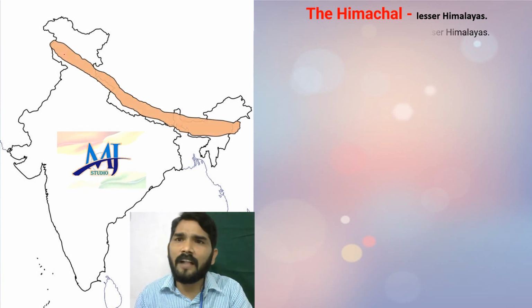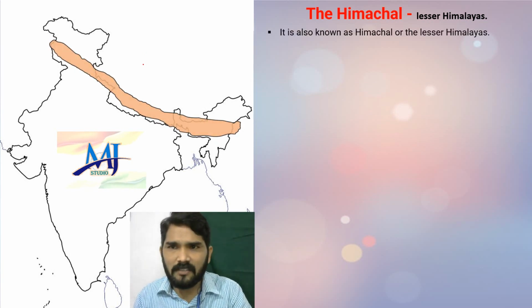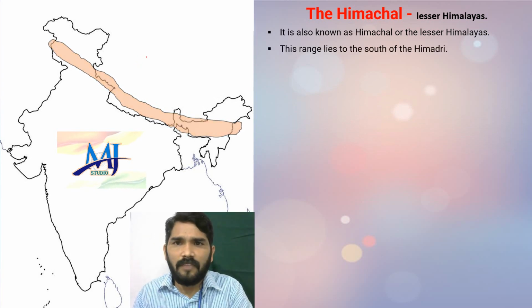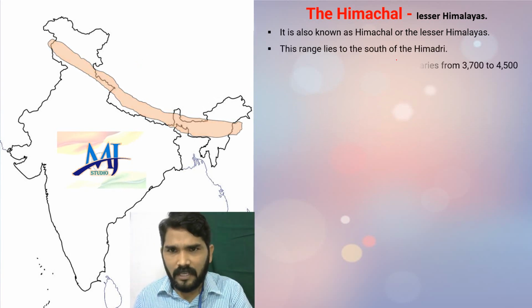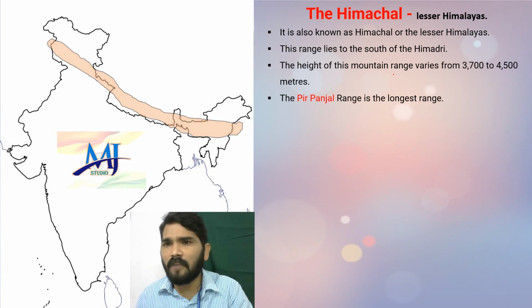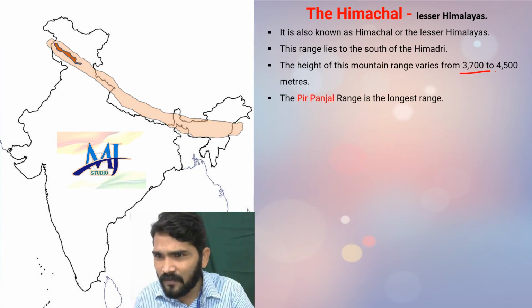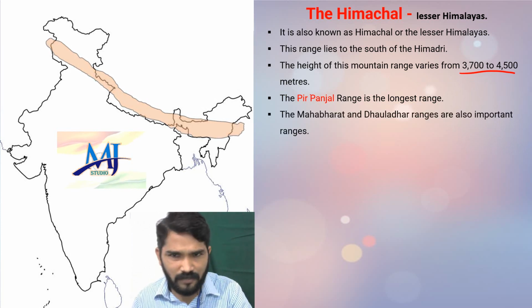The Himachal is also known as the Lesser Himalayas. This range lies to the south of the Himadari. The height of this mountain range varies from 3,700 meters to 4,500 meters.